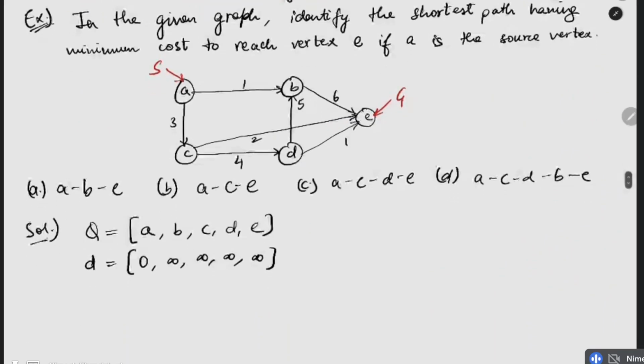And as I was discussing, we also maintain one more array that we use to basically track the parents of each vertex. How we update parents, we'll go through in this example.